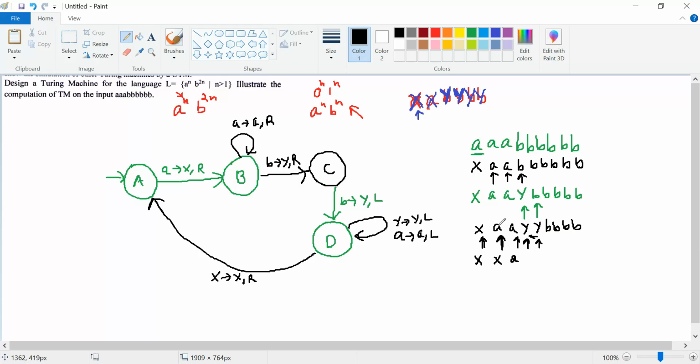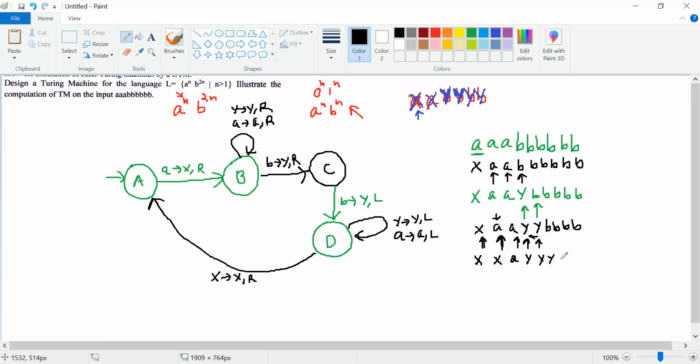When you cross off this A, we are in stage B, and in stage B, if we see A, we just skip, and if you see Y, we also skip. So if you see a Y, just keep moving right. So I'll skip this Y, skip this Y, skip this Y. Then I see B, so go to stage C.